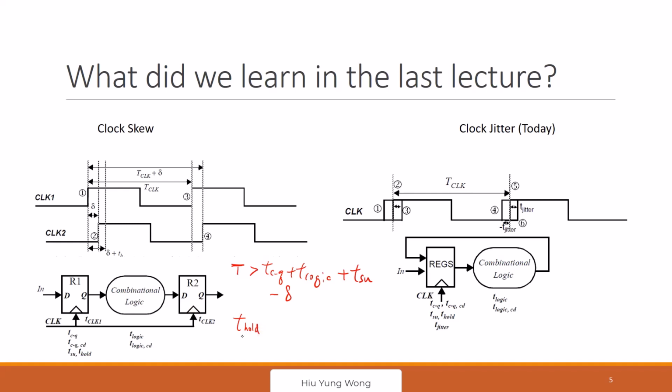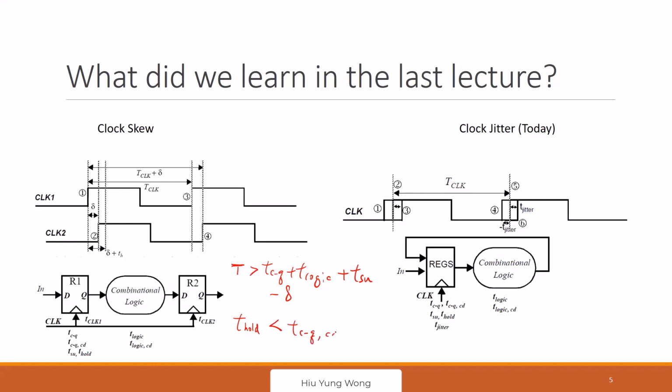But what if you can do it really fast, right? When the clock comes up, you will bring something to here, and then you do it really fast. Before the hold time is over, you might overwrite the data here already. Then you violate the hold time, right?